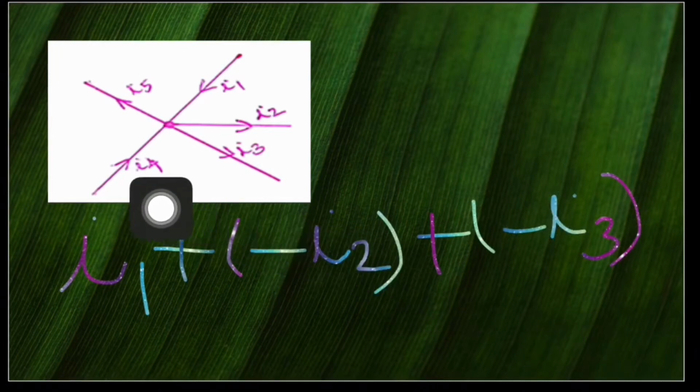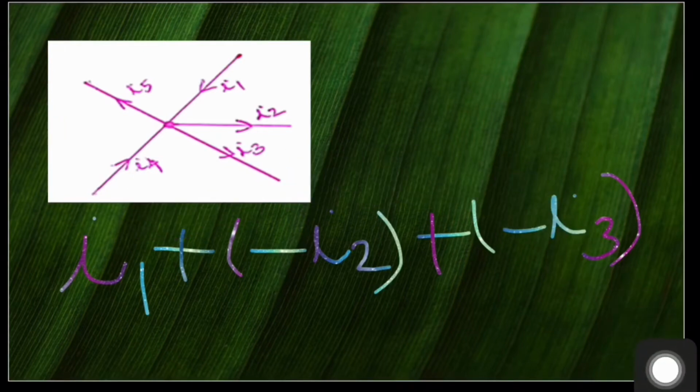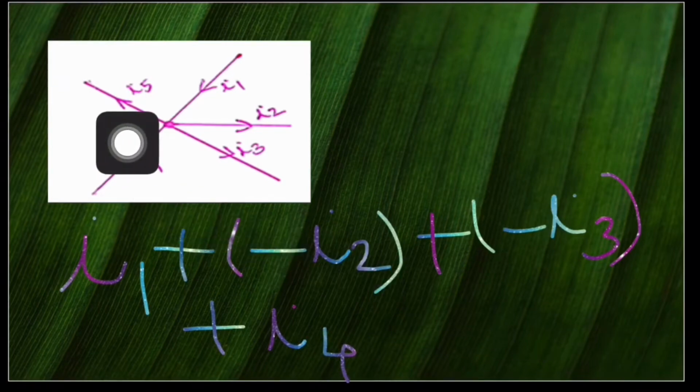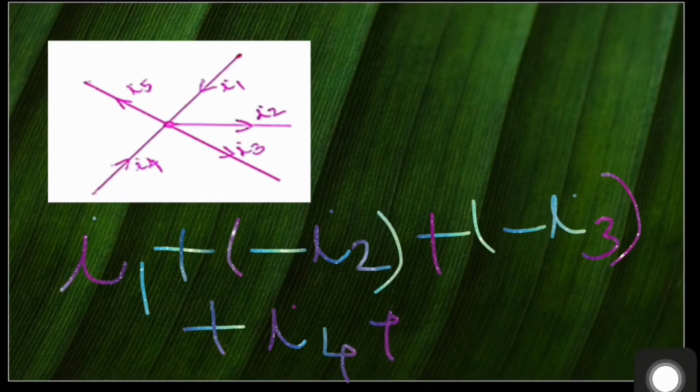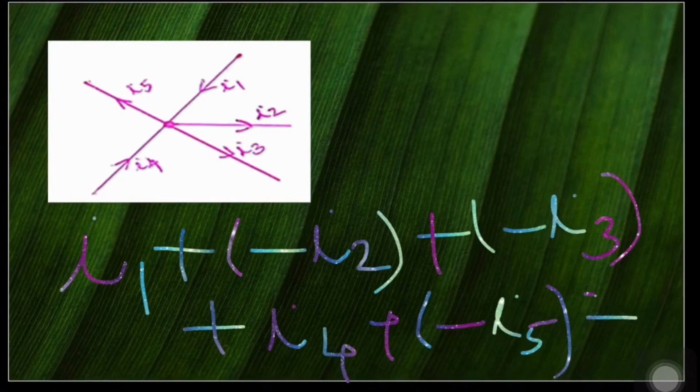After that, current I4 comes, which is an incoming current. Correspondingly, we add the term plus I4. Finally, the current I5, which is an outgoing current, so we add a term minus I5. Thus, we get the algebraic sum of these 5 currents, and by KCL, it should be equal to 0.